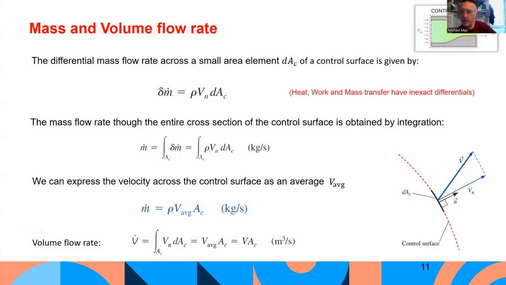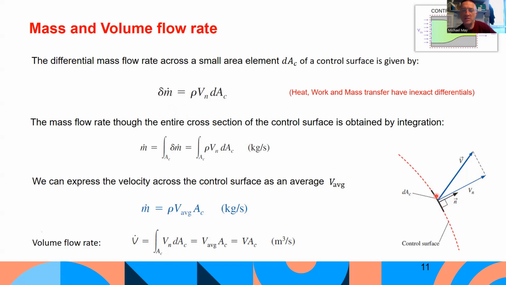And if we consider the controlled surface at the outlet and just zoom in on it, that's what we get down here. For a differential amount of mass flow rate crossing that surface, it's the density by the normal velocity component acting perpendicular to the controlled surface, by the differential area dA subscript C over which it acts.